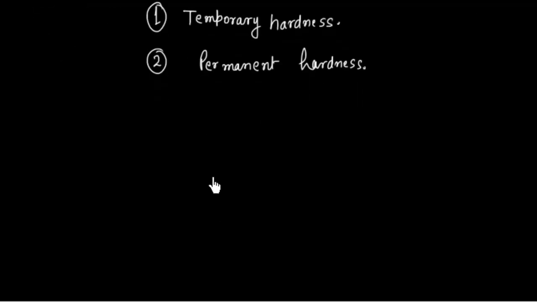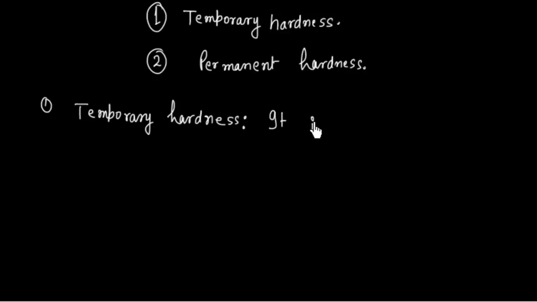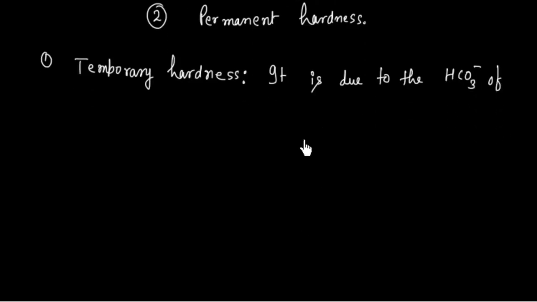Now let us discuss temporary hardness first. Temporary hardness is due to the bicarbonates, that is HCO3 minus, of Ca2 plus and Mg2 plus.